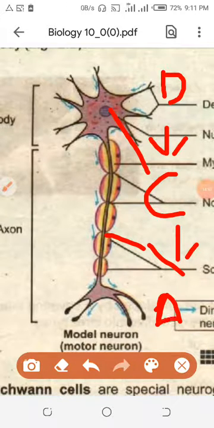So in this way the message will be transmitted from the brain to the effectors, the main targeted site of the body, which will implement the change, due to which you will speak, move your hands, run, walk, and do other actions, due to effectors which are muscles and glands. In the next chapter, the skeletal system, you will understand how the muscles make the specific changes of locomotion in your body.